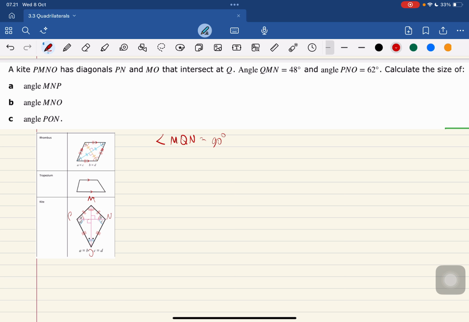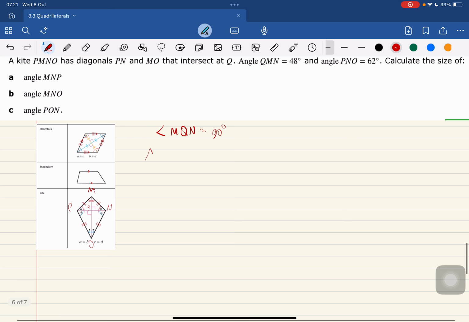The sum of the angles in triangle MQN is equal to 180 degrees.